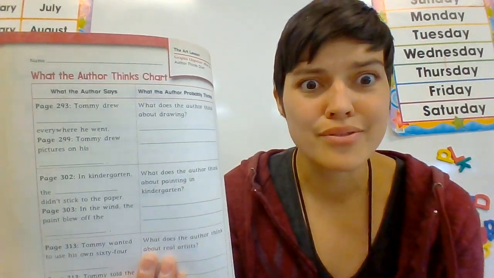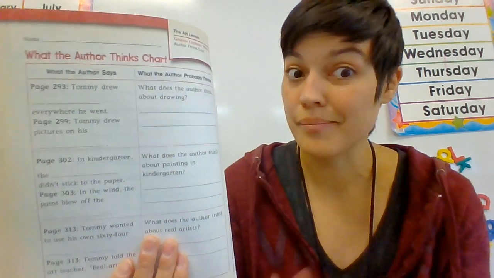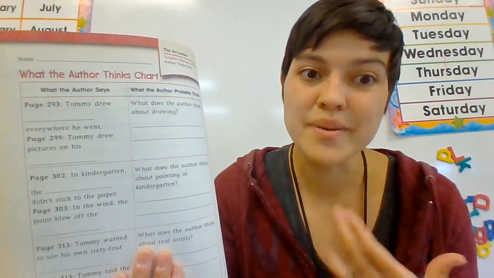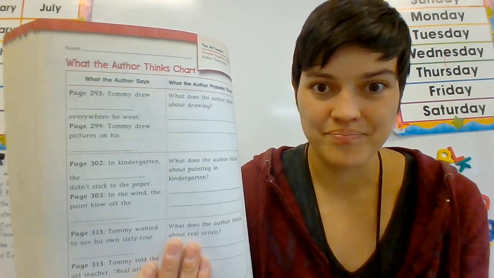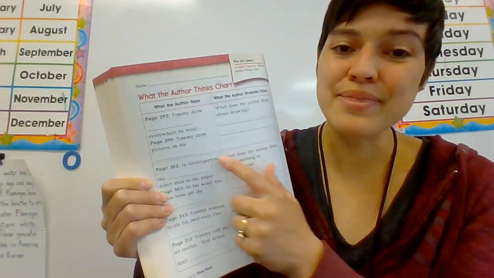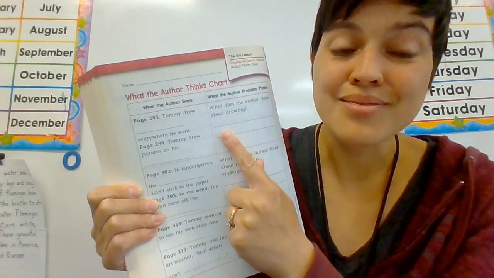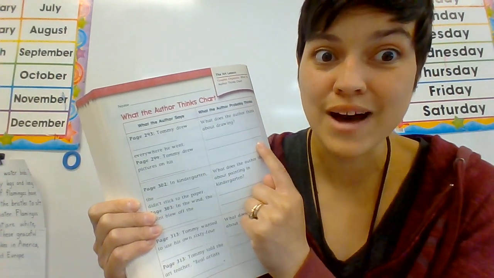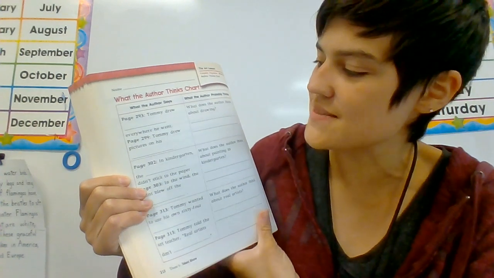What do you think the author thinks about the drawing? Remember, this story is about him when he was a little boy. I think the author thinks that drawing is fun. And I would write drawing is fun here.